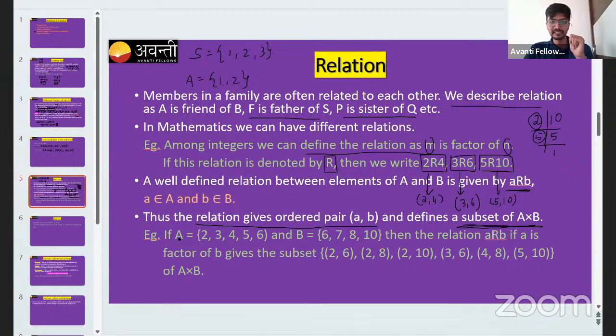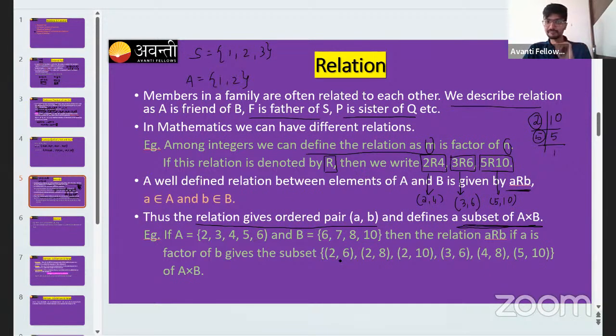There are two sets given, set A and set B. Then the relation aRb, a is related to b, is defined as a is a factor of b. Then R is a subset.